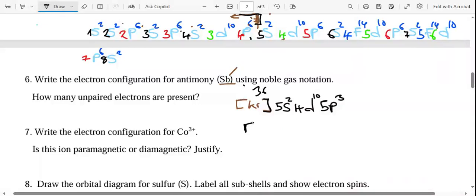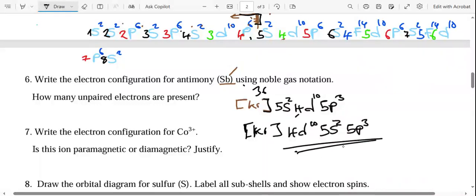In short, we say krypton there, then you put them in the lower energy level like that. So say 4d10 because the energy level is 4, then 5s2, then 5p3. This is the electron configuration in noble gas notation.